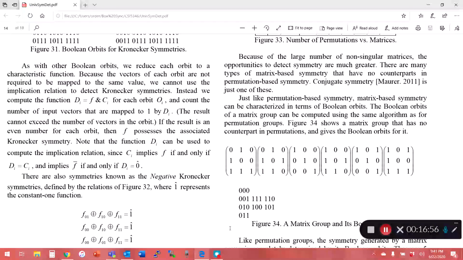If the result is an even number, that is, an even number of input vectors are mapped to 1 by this function D sub I, which is f ANDed with the characteristic function of the orbit, then it has a positive Kronecker symmetry. If the result is odd, then it has a negative Kronecker symmetry in those variables.